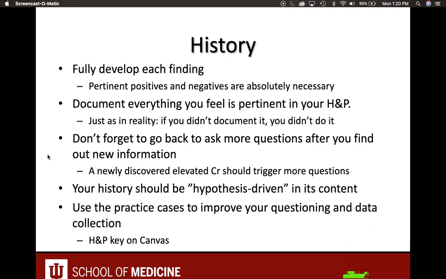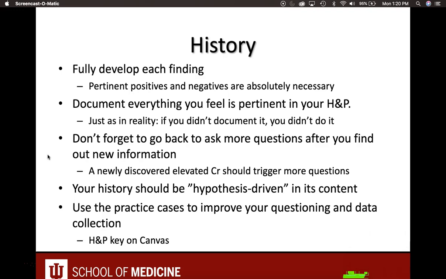Have you had decreased urine output? Have you had pain when you urinate? These questions get at pertinent positives and negatives related to the presenting symptoms and the newly found information about the creatinine. These all are driven towards a hypothesis of the differential diagnosis of this presentation.